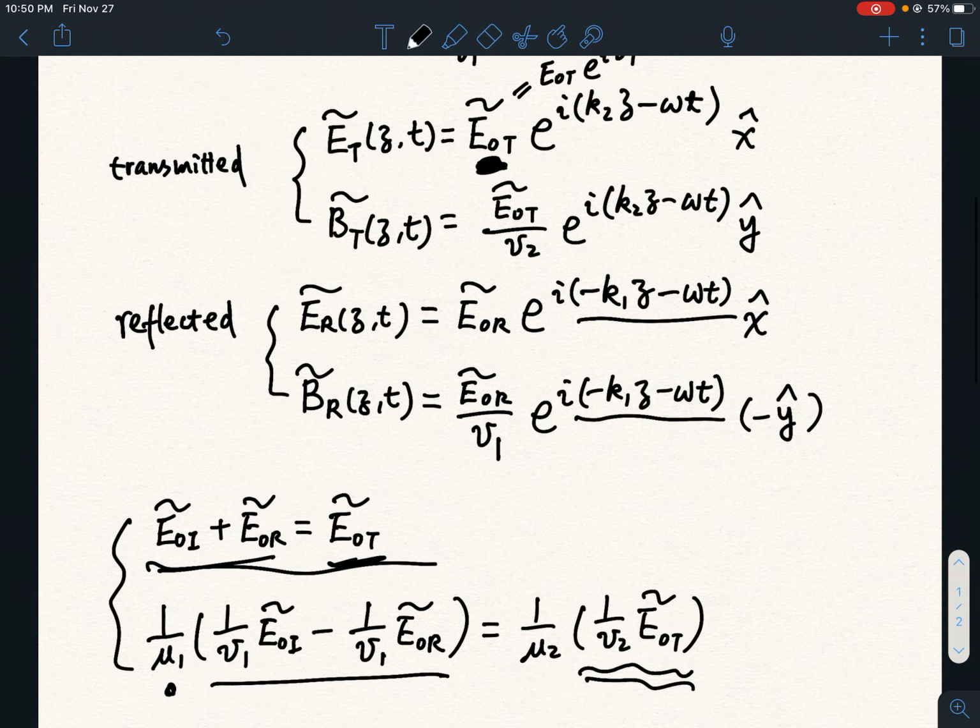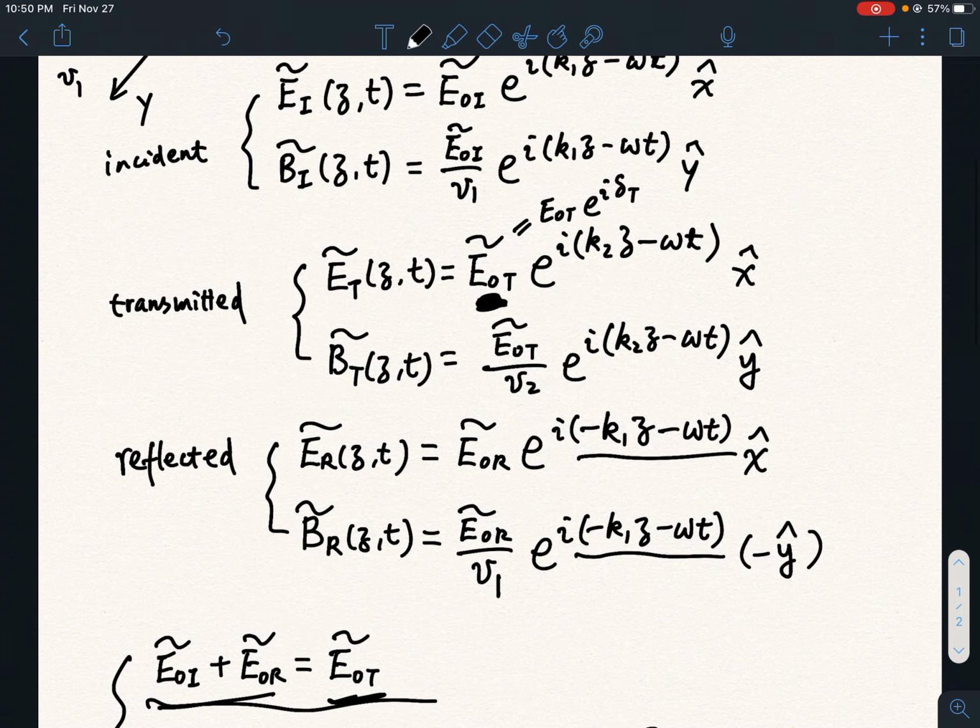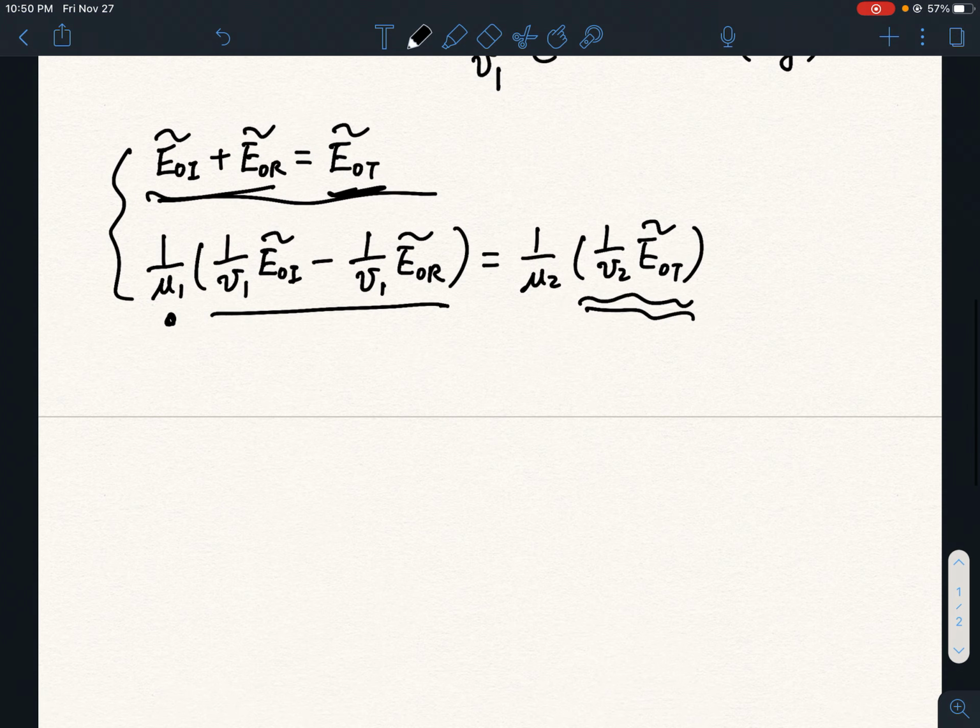So now we just plug in the formulas that are listed here, and I will not do all the calculations. I just wanted to show you it looks like this.